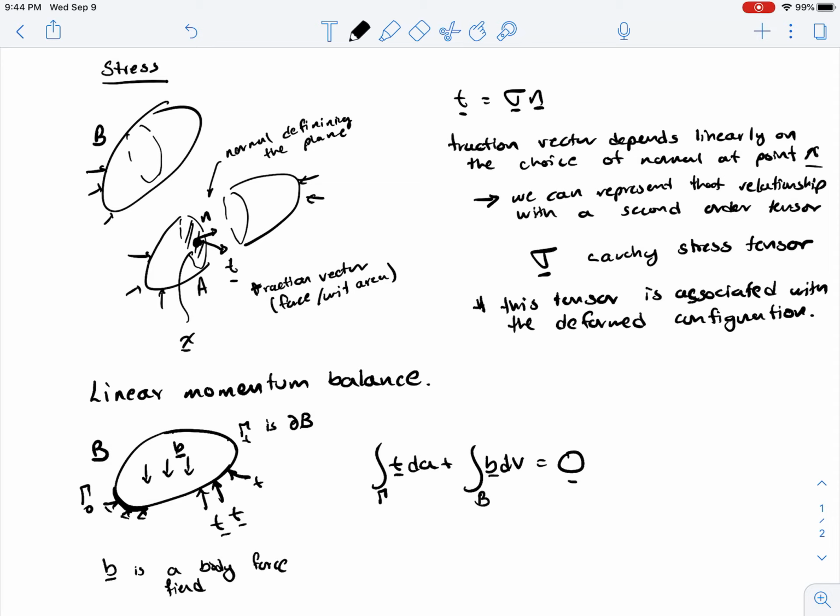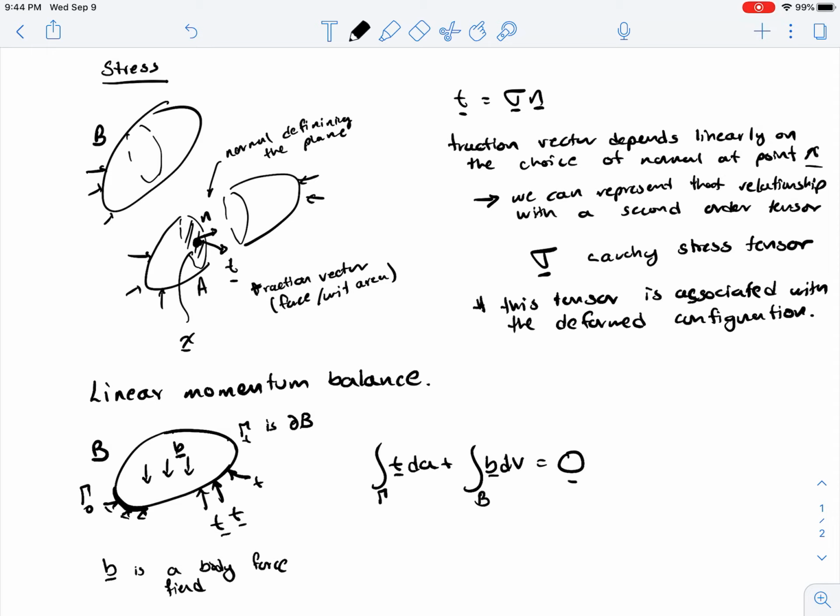And again, we're not really going to go into the angular momentum balance. That gives you the symmetry of the stress tensor, but we're not going to go a lot into that. Okay, so we have the linear momentum balance, and we're going to apply this traction right here.